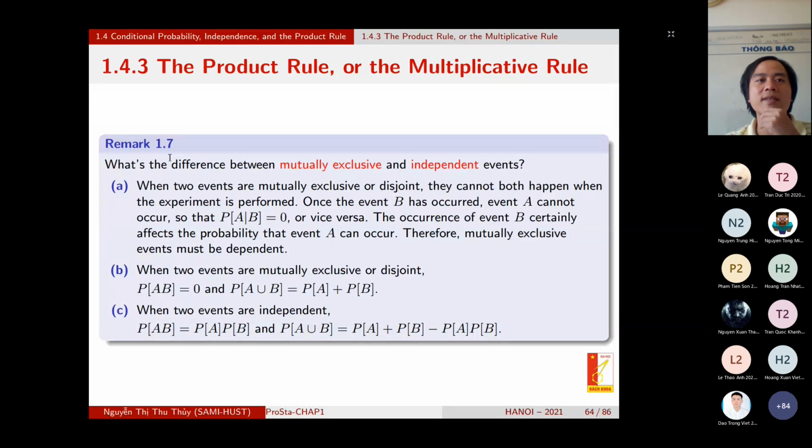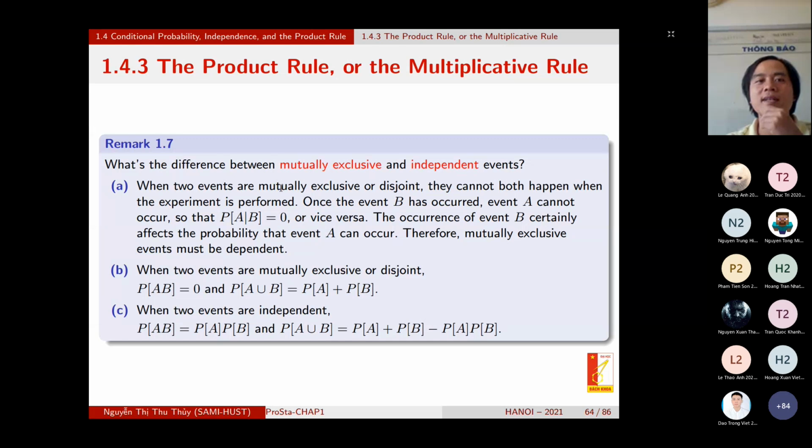We consider Remark 1.7. It is about the difference between the concept of mutually exclusive and the concept of independence. Can we derive one concept from the other?